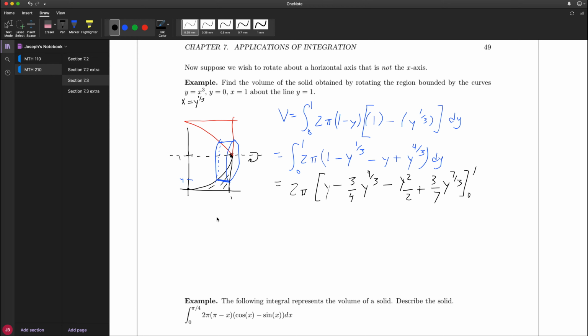And now just plugging everything in, we get 2 pi. Plug in 1, you get 1 minus 3 over 4 minus 1/2 plus 3 over 7, minus 2 pi times, when you plug in 0, each of those is 0. So that's all gone. And so 1 minus 3/4 is 1/4, minus 1/2 is minus 1/4, plus 3/7.